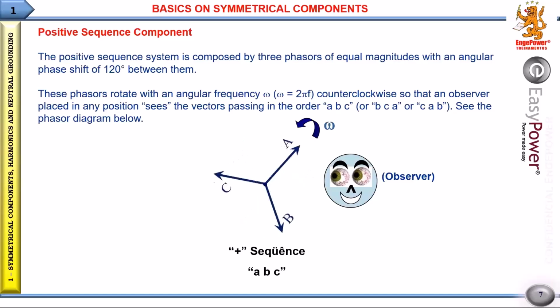So our observer sees the phasors rotating and passing A, B, and C phasors in this sequence. This is the positive sequence component.